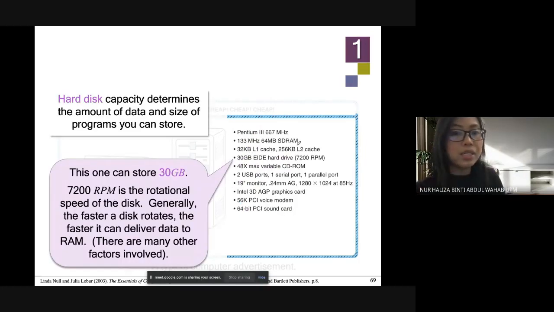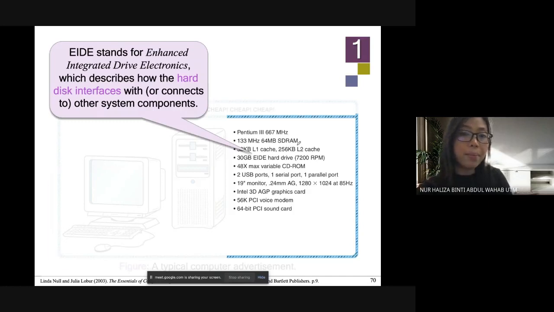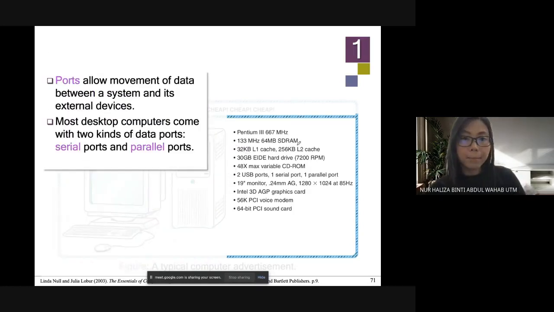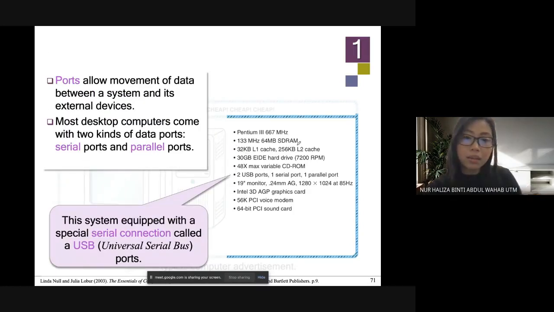So this one is your hard disk, which is your storage. Still related to your RAM. And you can see also about USB. Normally you only know about USB. But what is USB? Now you know that it is universal serial bus.